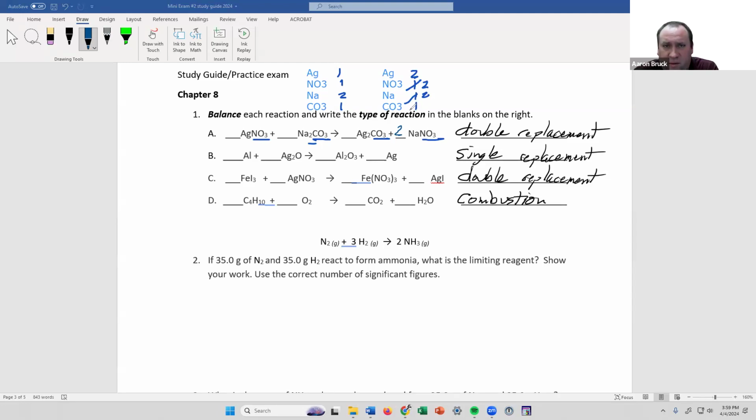So sodiums are now balanced. Silver and nitrate are now out of balance. To fix that, I'm going to put a 2 here to silver nitrate. And that's going to put the silver at 2, the nitrate at 2. And I can see that now across the top all the way, everybody's all balanced out. So I'm done here.